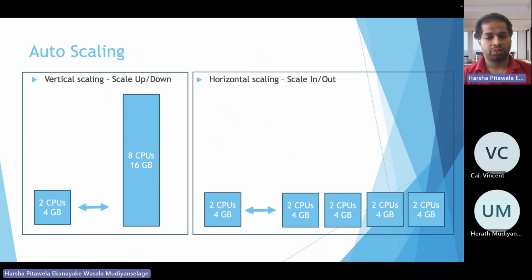Then it will spin up a new micro instance, and that new instance will be added to the target group, so the load balancer has another new instance to route your traffic to. That is how the scaling happens in the actual environment.